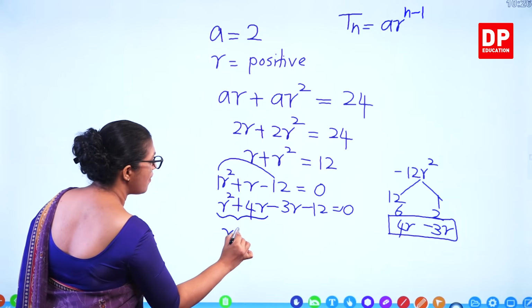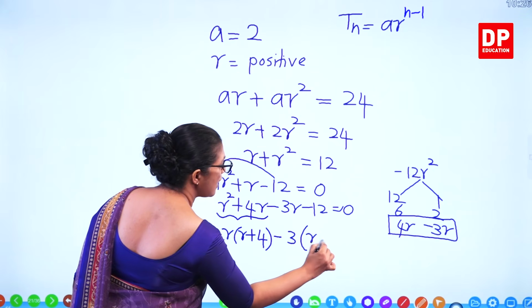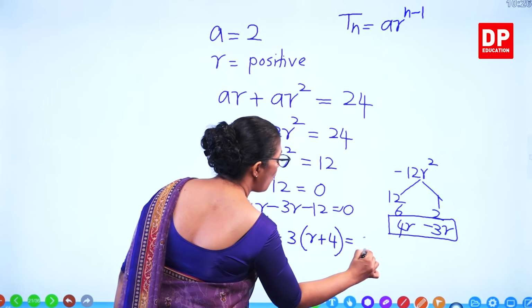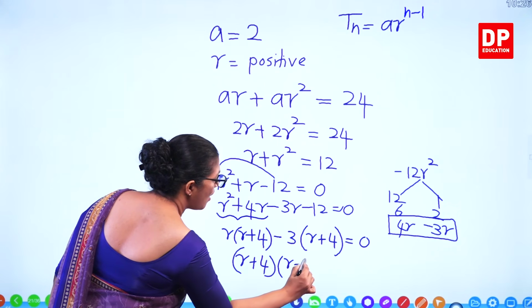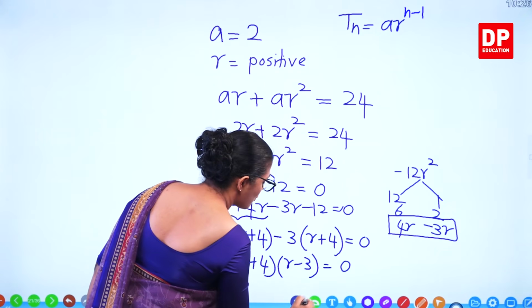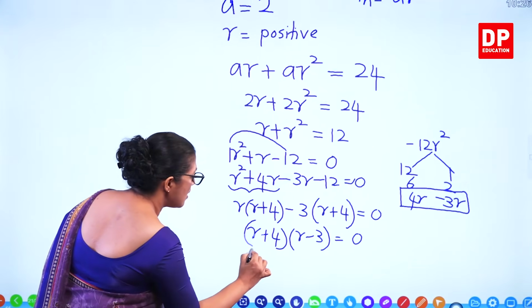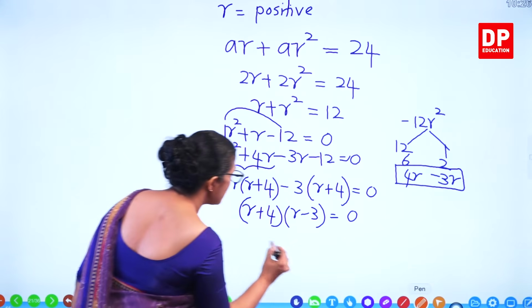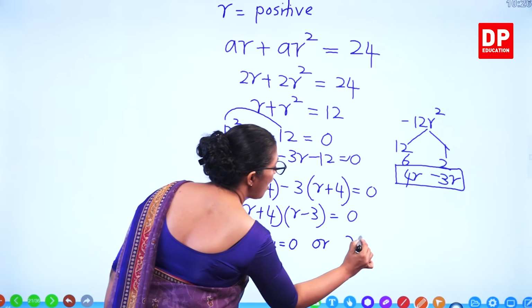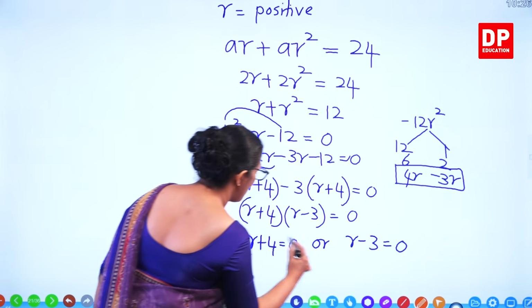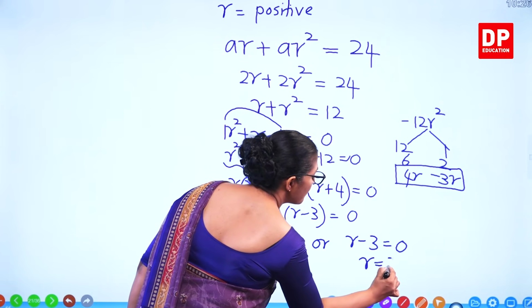You can take r out, that's r plus 4. Minus 3 out, again that's r plus 4. r plus 4 is common and r minus 3 is remaining. So what's the answer? The product is 0, which means either r plus 4 equals 0 or r minus 3 equals 0. r can be negative 4 or r is 3.